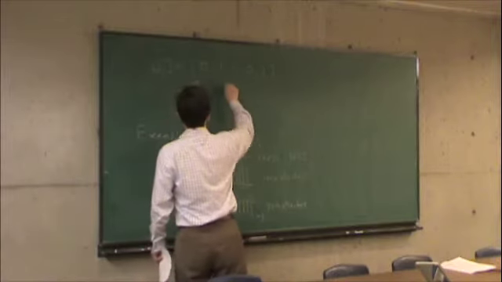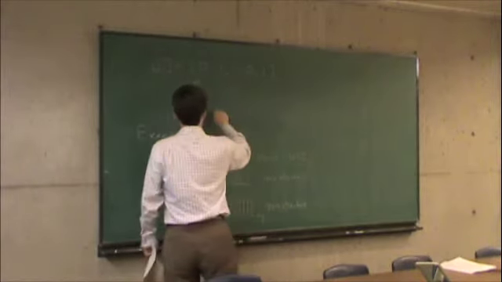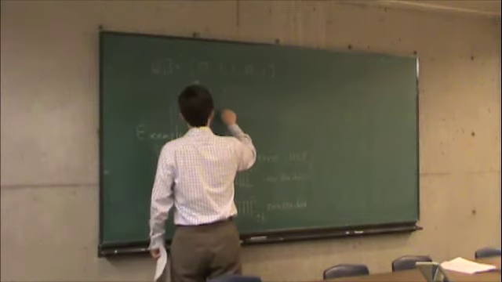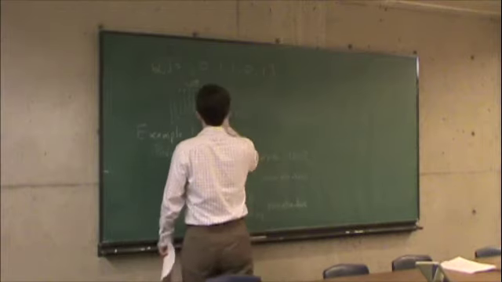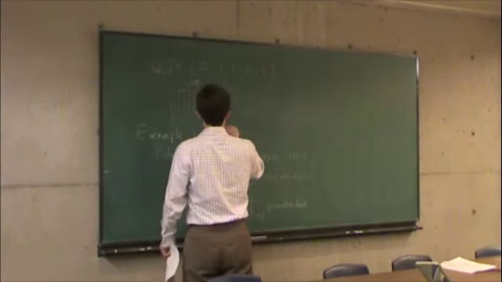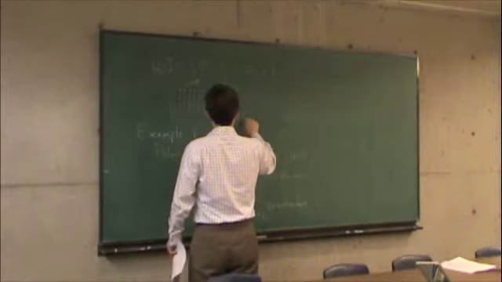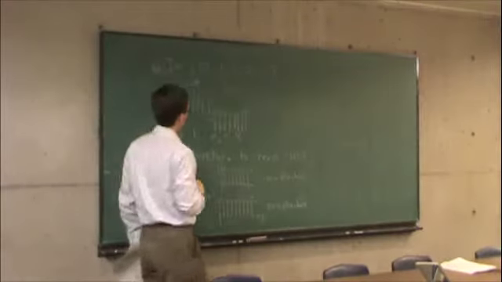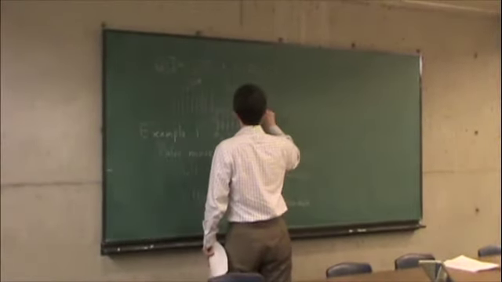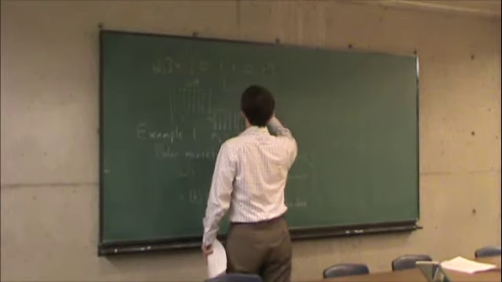I have a 1, so I replace that with S1. And this is NB plus 1, NB plus 2, up to 2NB. Then the next one is again a 1, so I replace that with S1.